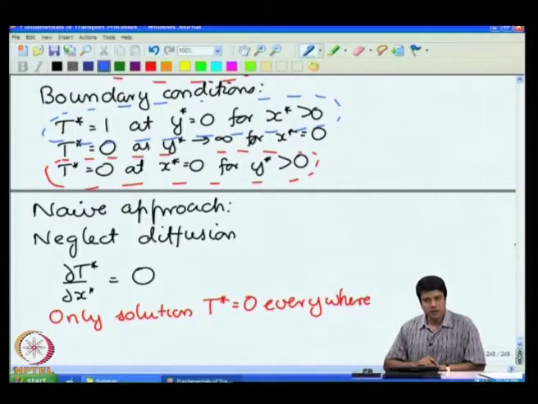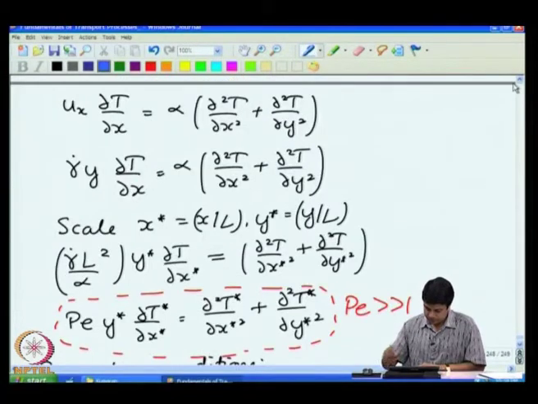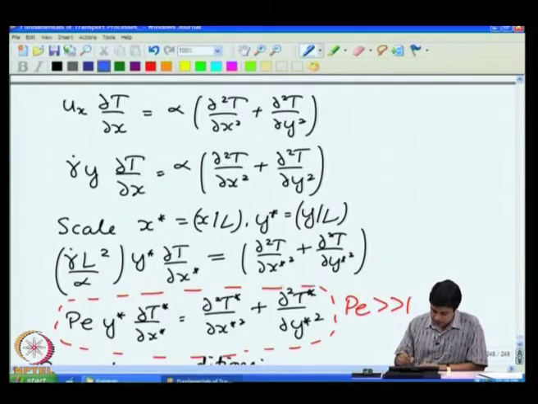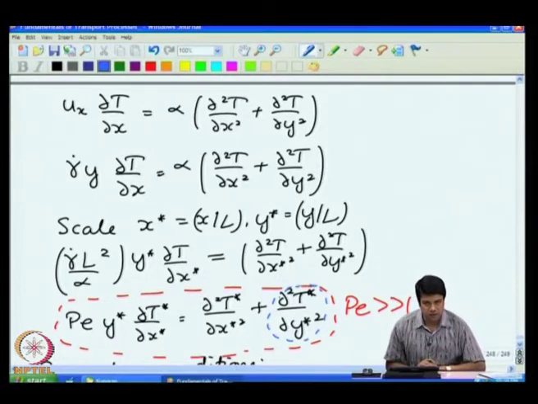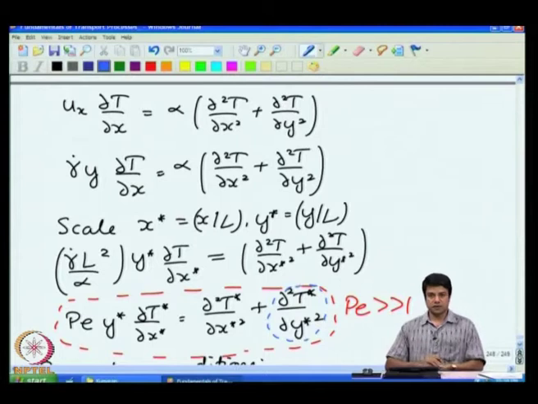The mathematical reason for this incompatibility is quite obvious. If I neglect the diffusion terms altogether, the diffusion term had the second derivative with respect to the y coordinate. Because it was a second order differential equation in y, I had two boundary conditions in y.